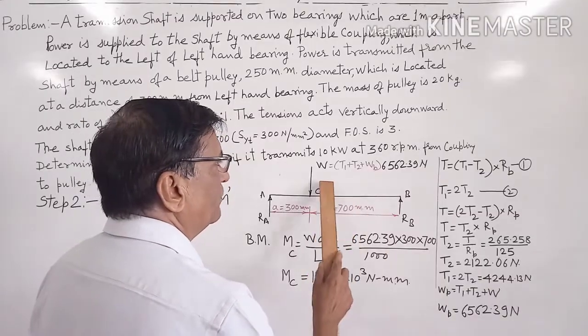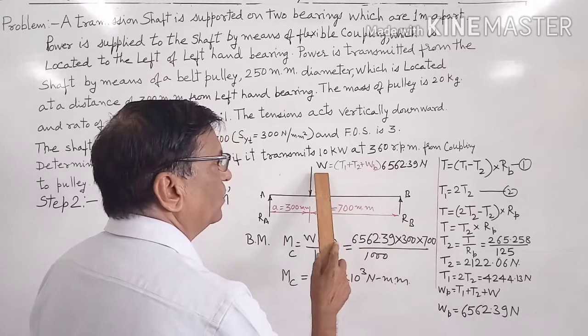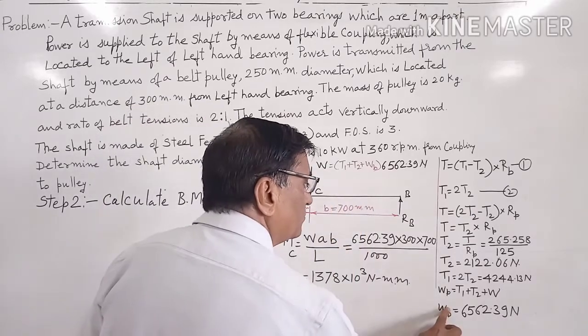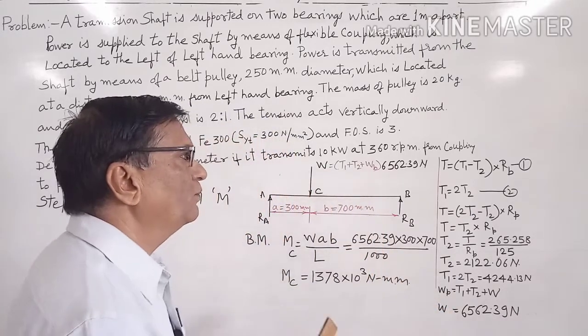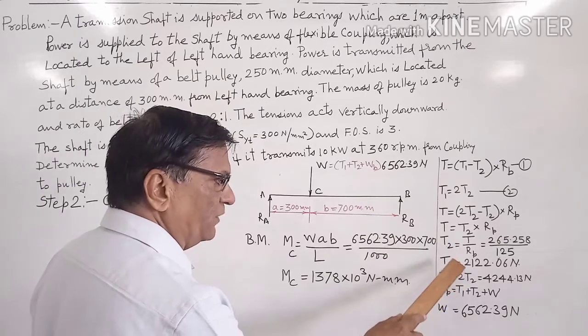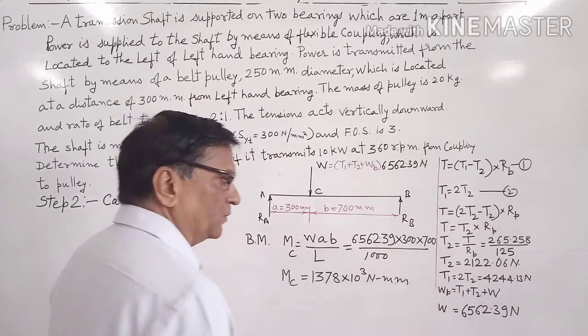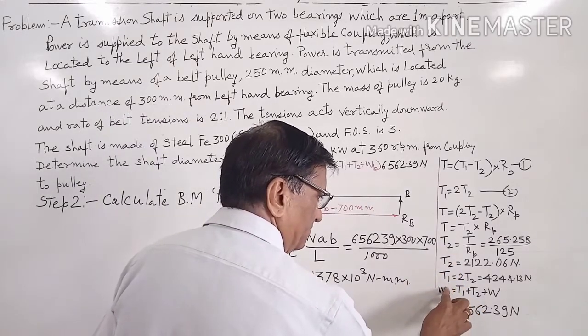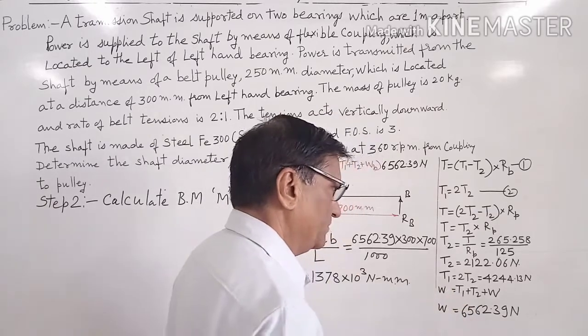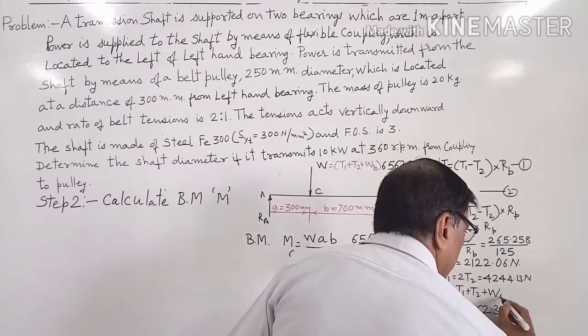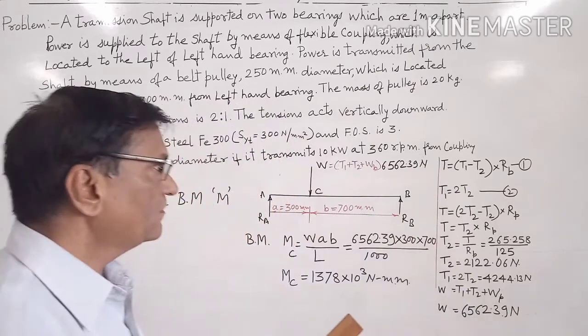So we will calculate the value of load W. Total load comes out to be the addition of T1, T2 and Wp.